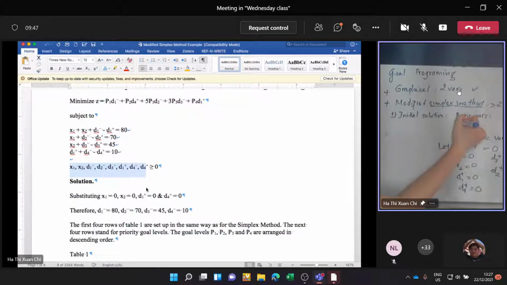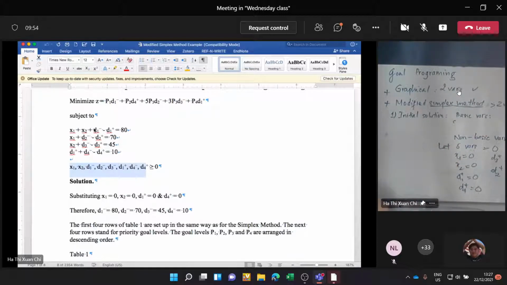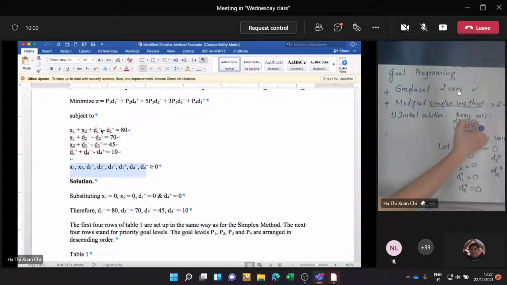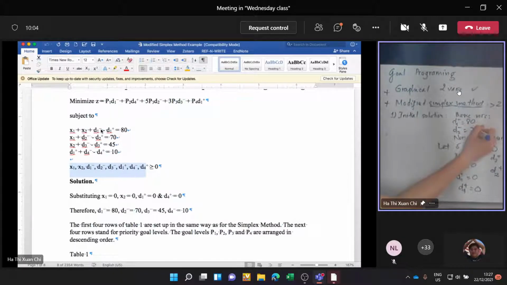So what we can get? We get here x1 and x2 equal 0, right? D1 minus will be equal to 80. And D2 minus equal to 70. D3 minus equal to 45.